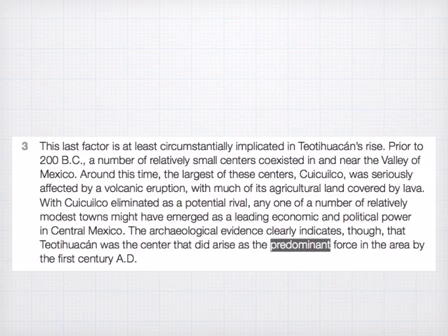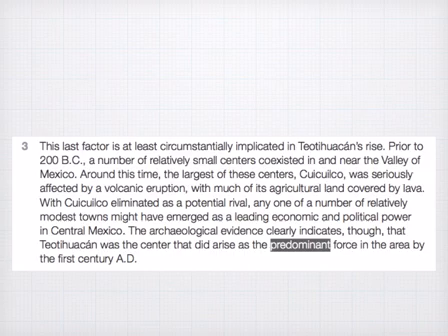Now, this sentence is actually referring to the last sentence that was mentioned in paragraph 2. So to answer this question, we're going to need to look a little bit further through the paragraph. If we look down to the next sentence, around this time, the largest of these centers, Quilquilco, was seriously affected by a volcanic eruption, and much of its agricultural land covered by lava.